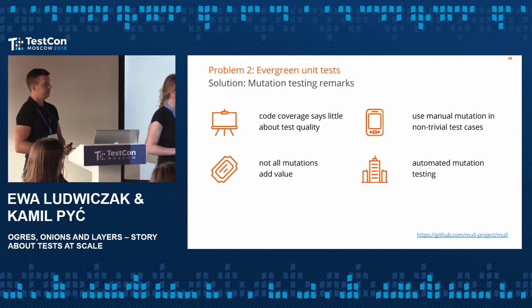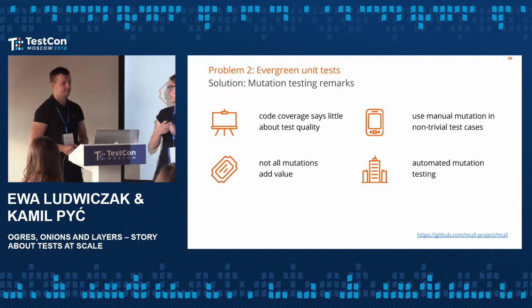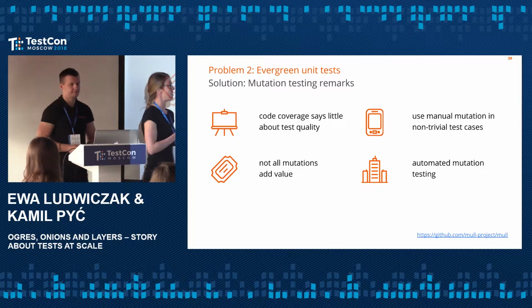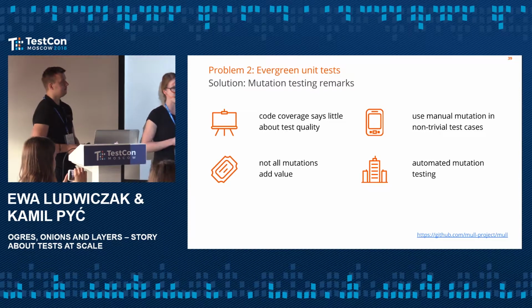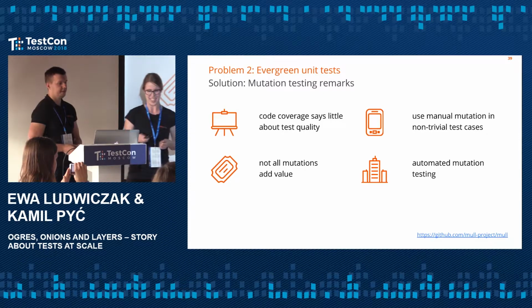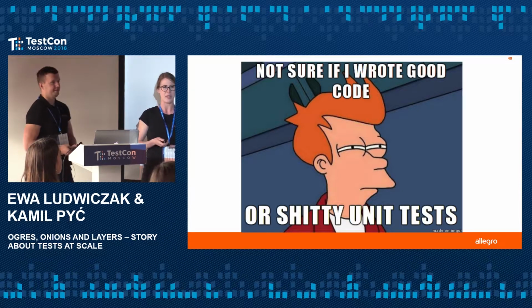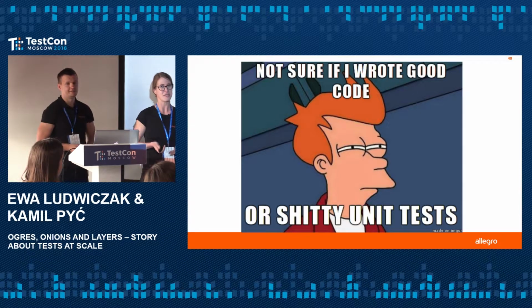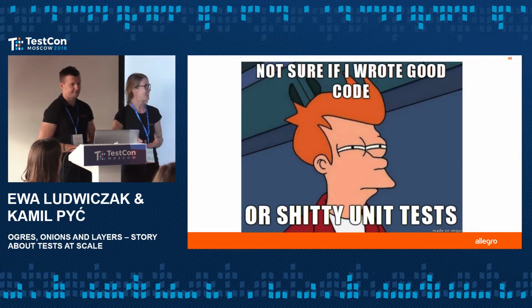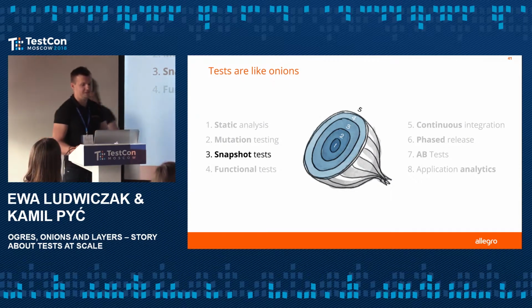We also want to research a project called Mull, which is about automation of mutation testing, and it seems to be very attractive, and we would be really happy to apply it in our project, but it's still in the research stage. So every time I see a green test report, I'm thinking about the code that I wrote, whether it's really so great, or whether the unit tests are quite bad. All right, so we know everything about the mutants, so let's get familiar with snapshots.